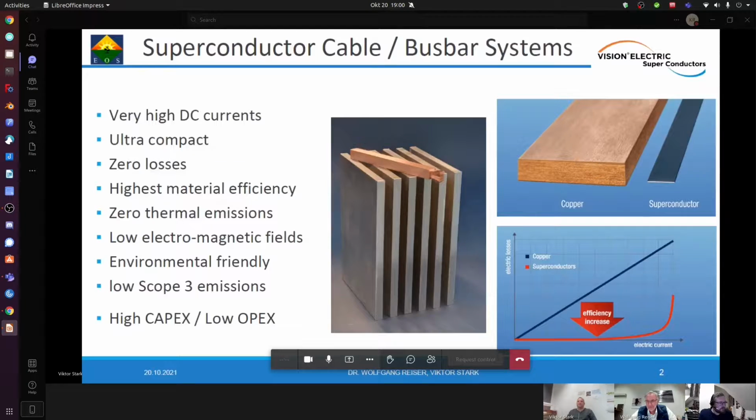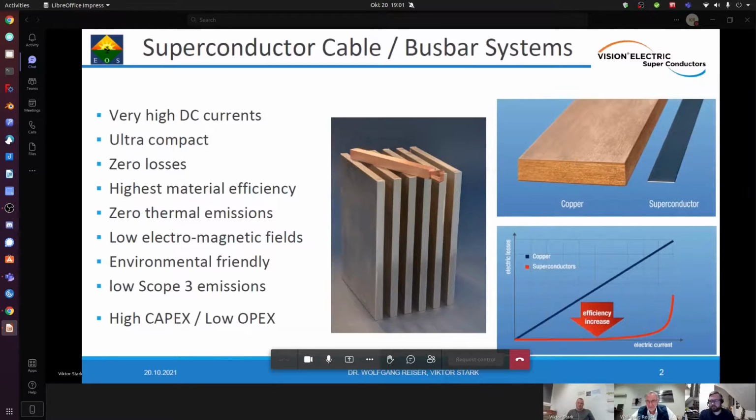Yes, thank you, Karl. So this is the first slide here. I would like to explain the difference between superconductors and copper or aluminum material, which is normally used for data center busbars. So why do we need superconductors?